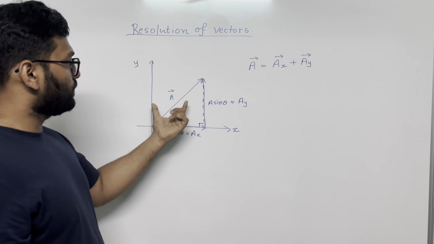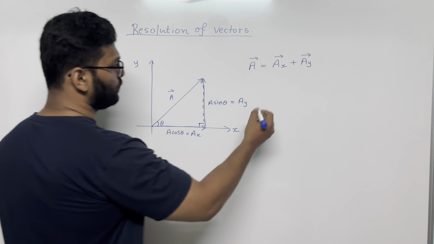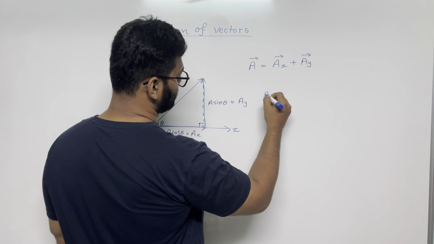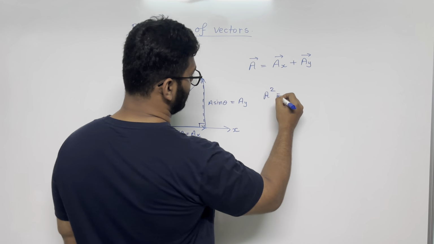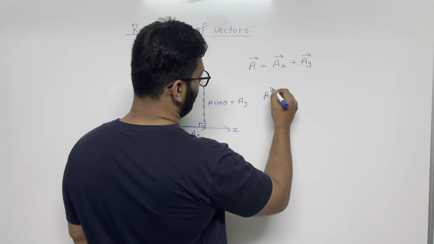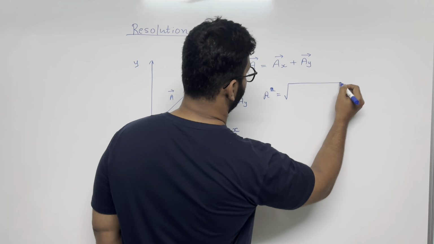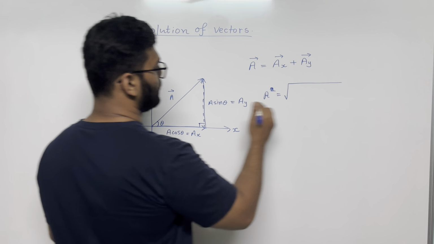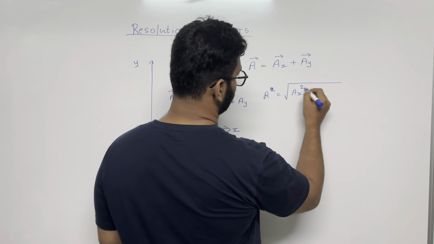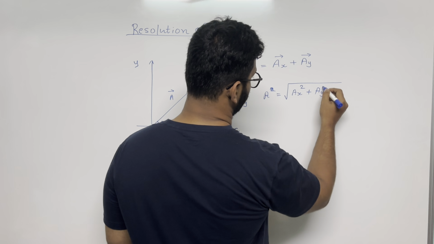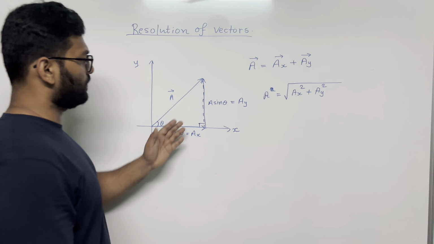Now the magnitude of this vector, as you know, will be given as a square is equal to, or you can write a is equal to square root of ax square plus ay square, right? So that is correct, right? This is Pythagoras theorem.